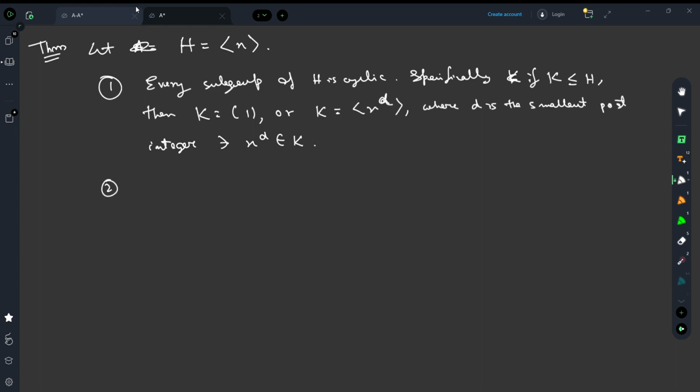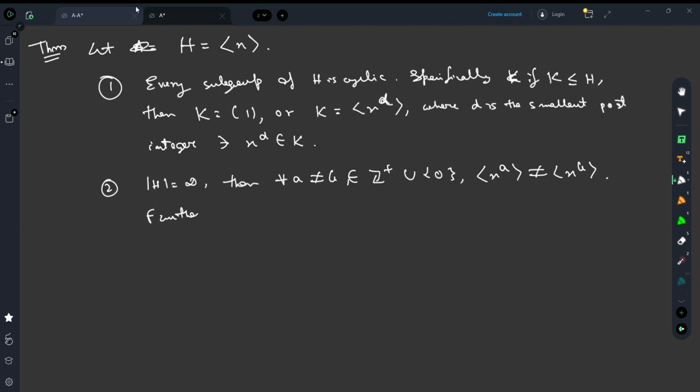Number two is that if the order of H is infinite, that is indeed telling that the order of x is infinite, then for all a not equal to b, let these be positive integers other than 0, then the cyclic group generated by x to the power a cannot be equal to the cyclic group generated by x to the power b.